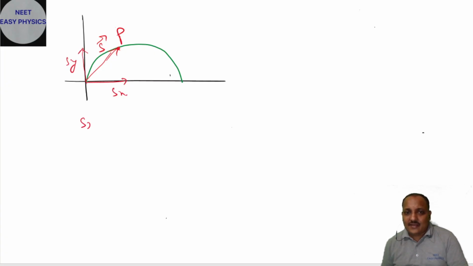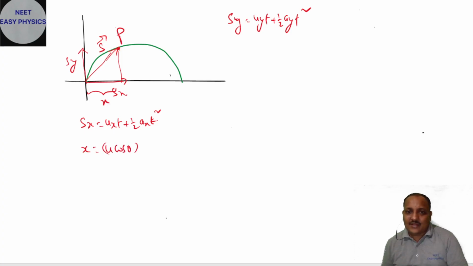Sx equal to, what is our formula, ux t plus half ax t square. Sy means uy t plus half ay t square. So Sx I am taking as x.